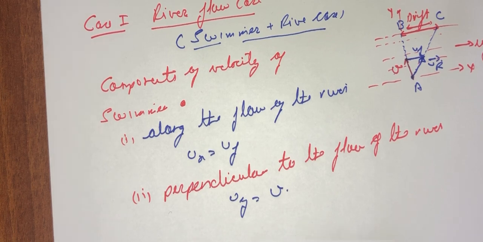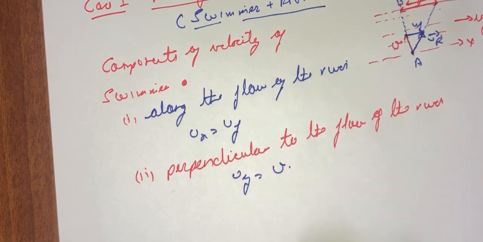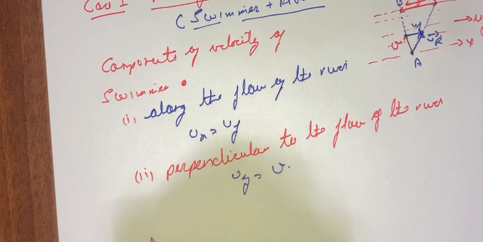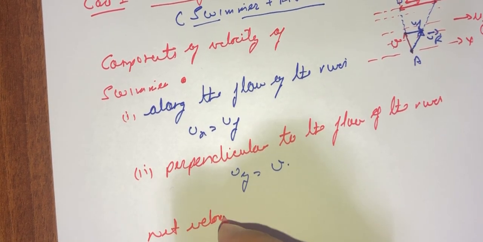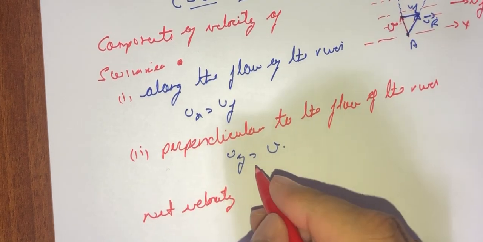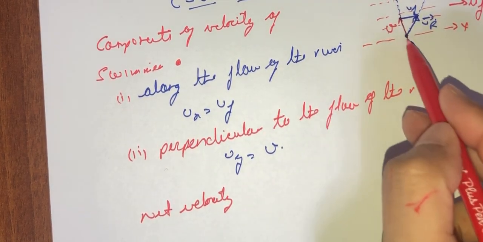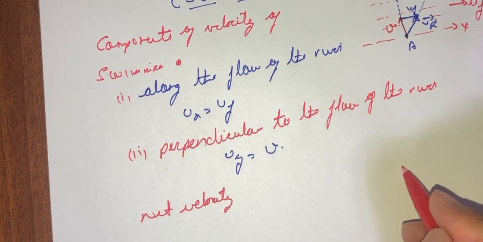So we can find out the resultant, that is Vr, the net velocity, which can be given by the velocity triangle, which we have already drawn. So we can draw this here also.